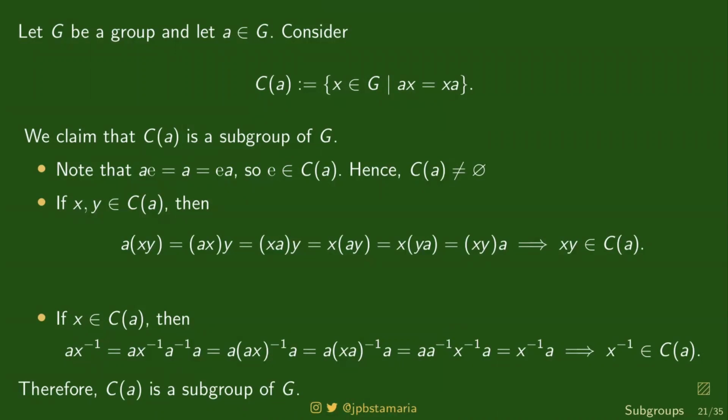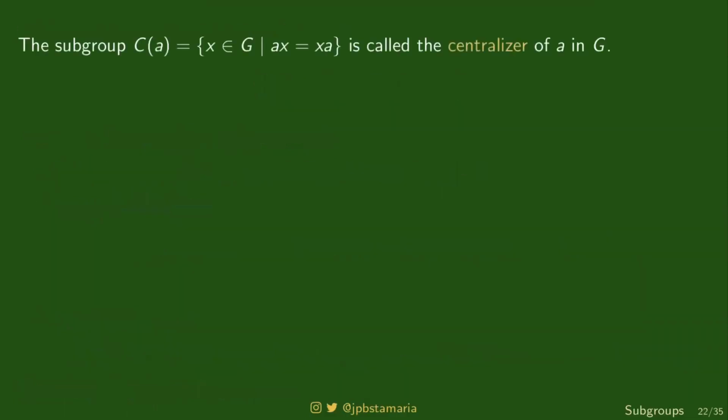Ang tawag natin sa subgroup na C of A is actually the centralizer of the element A. So in group theory, when you hear the word centralizer of an element, it is the subgroup consisting of those elements that commute with the given element A.